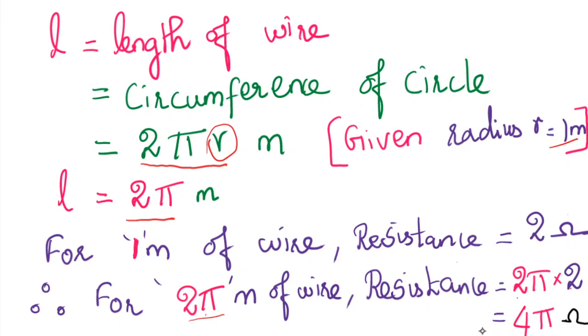So total resistance in the wire is 4 pi ohms. நல்லா நோட் பண்ணுங்க, இது அந்த total length க்கும் உள்ள resistance, not the equivalent resistance. Okay. So அந்த L length வயரோட மொத்த resistance எவ்வளவு இருக்குது, 4 pi ohms.